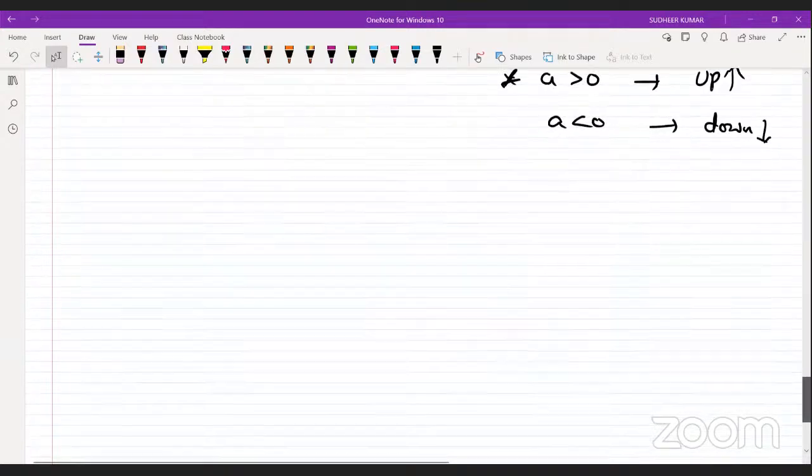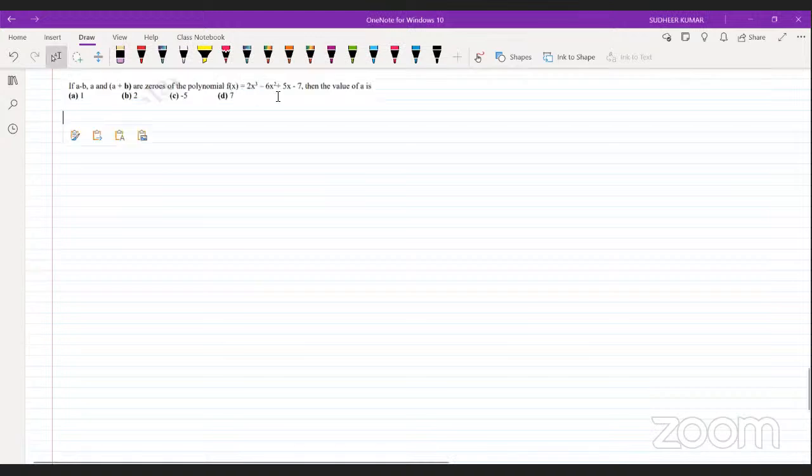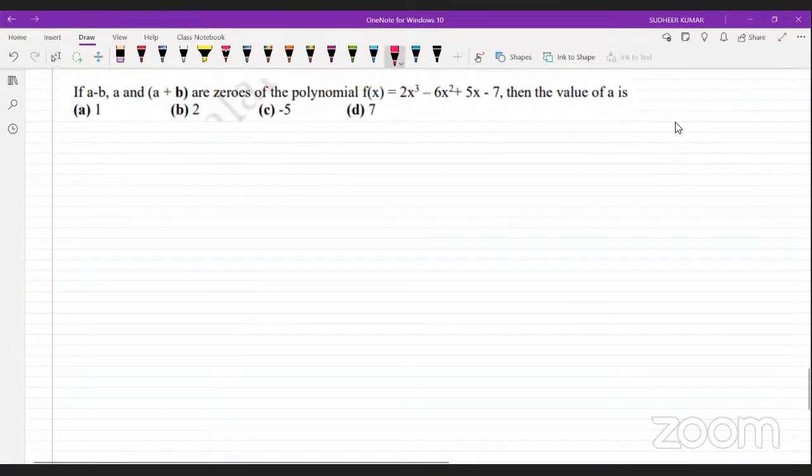Let's go to the next one. If a minus b, a and a plus b are zeros of the cubic polynomial given, then the value of a is.